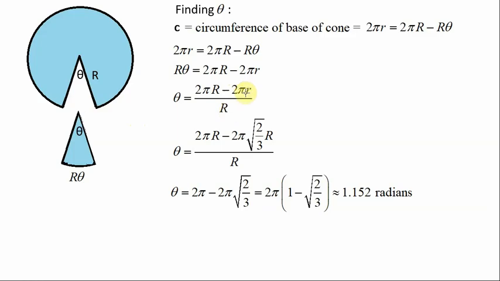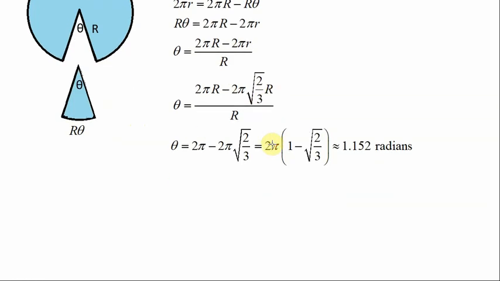But earlier we got the small r is equal to the square root of 2/3 times the big R. Then divide everything on the top by big R, and everything on the bottom by big R. And we end up with 2 pi minus 2 pi times the square root of 2/3, which is approximately 1.152 radians.